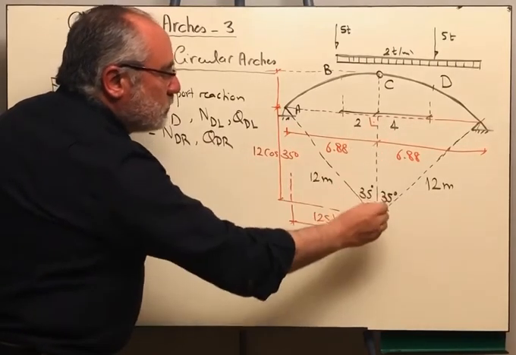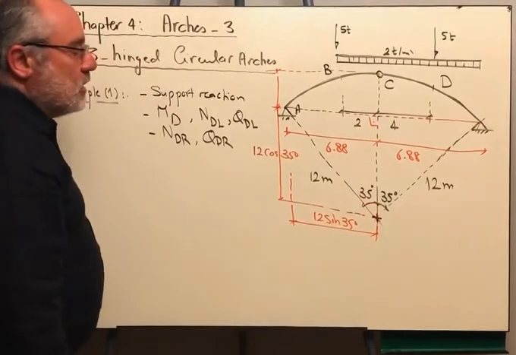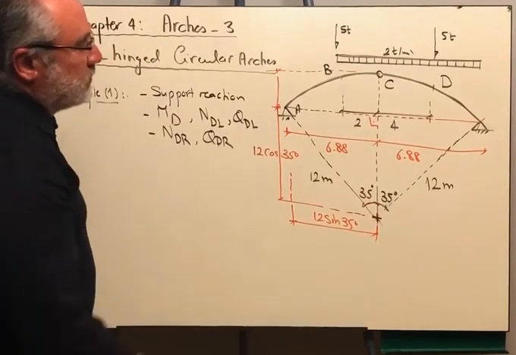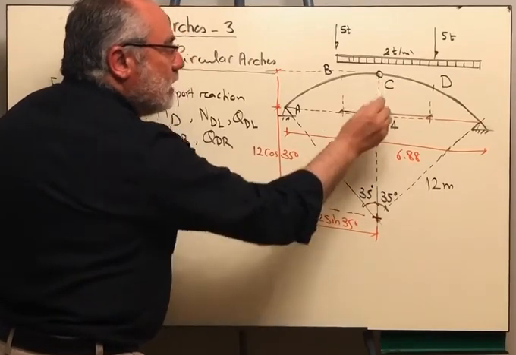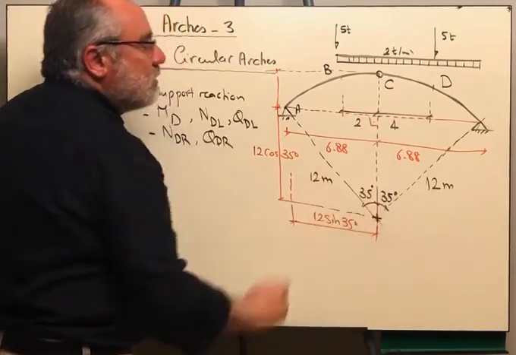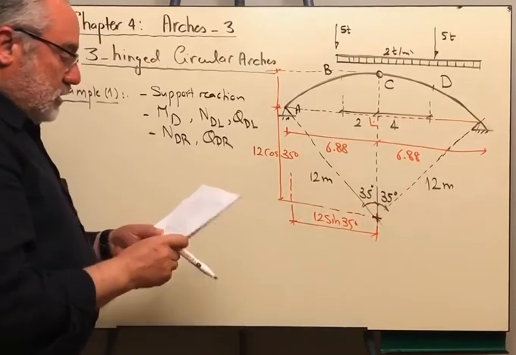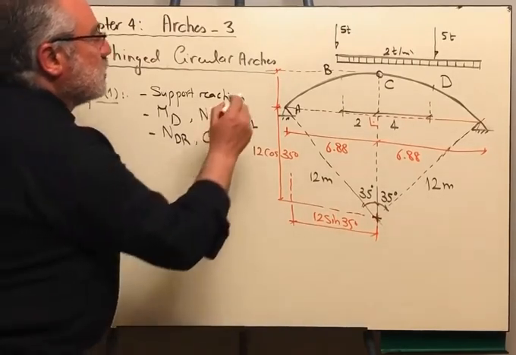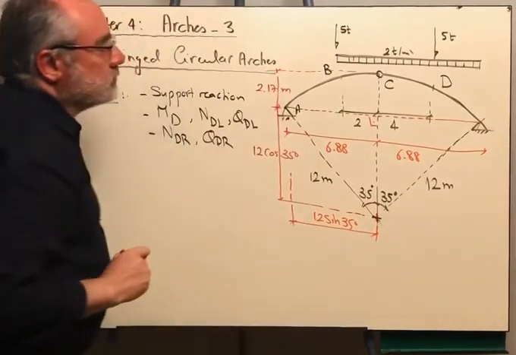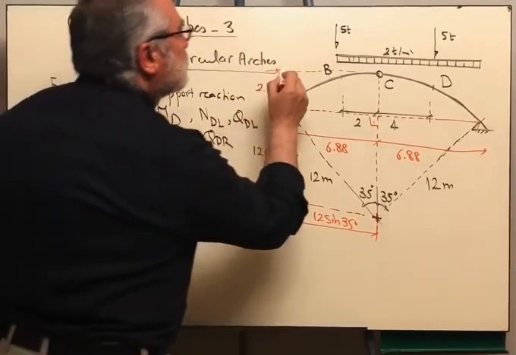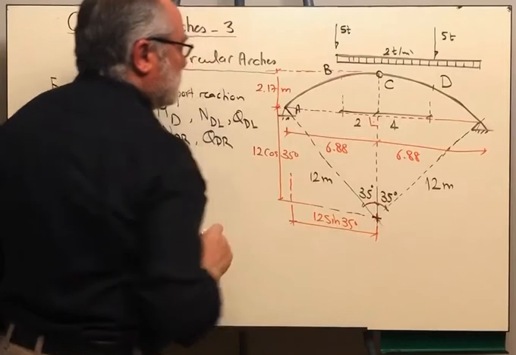So the distance from this point to this point is 12 cosine 35. So if you'd like to get this height, it will be 12 meters minus 12 cosine 35. So if you did that, this will be 2.17. Now this is enough to be able to get the support reactions.